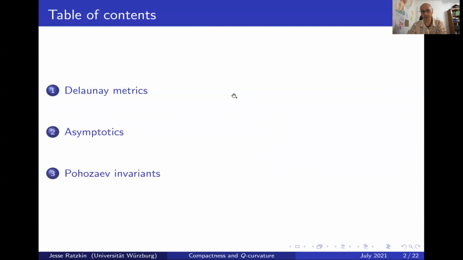So the tools I'm going to talk about are, first, the Delaunay metrics. I will give a brief discussion of asymptotics, and these are asymptotics of a singular solution near a point singularity. And finally, I will discuss the Pohozaev invariance.